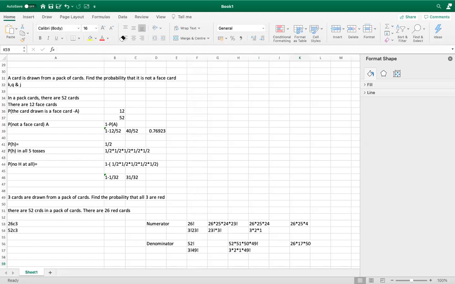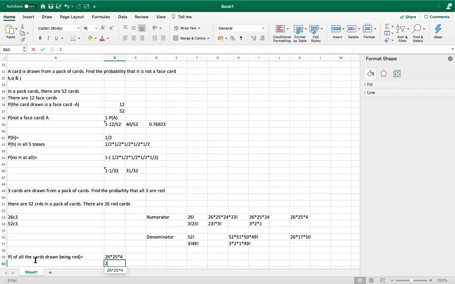So probability of all the cards drawn being red is equal to 26 into 25 into 4, the whole divided by 26 into 17 into 50. ठीक है?